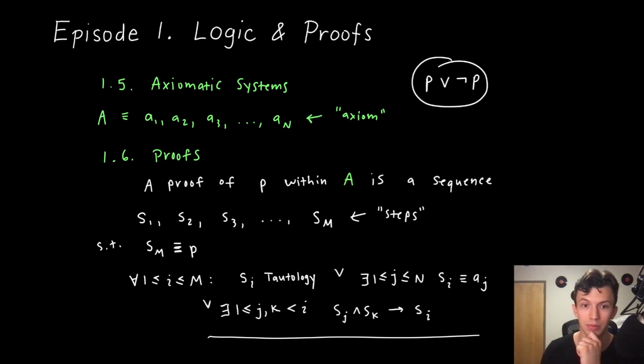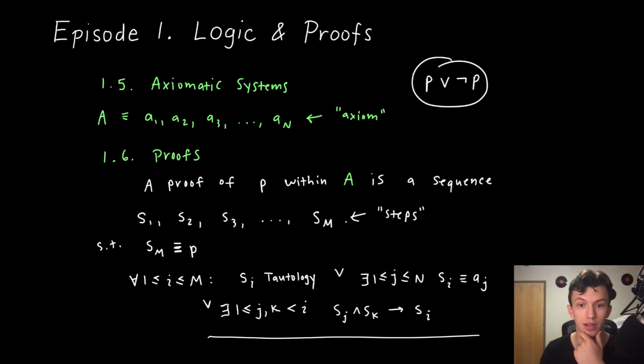So that would be a proof: you start with a tautology or an axiom, then you add another tautology or an axiom, and then you can do the same thing, or you can combine the last two steps to get something new. You keep on doing that, you chug along, and then eventually you hopefully arrive at your proposition P.